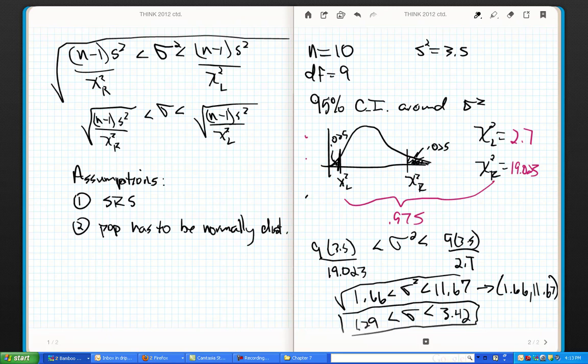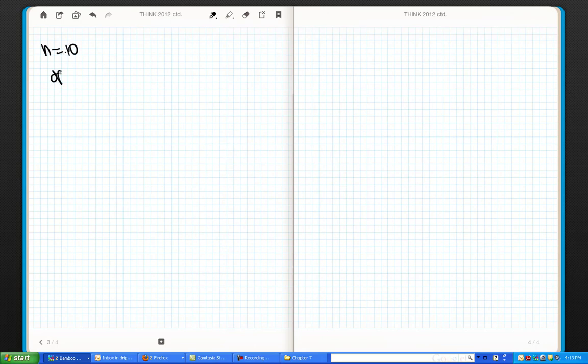Now, what happens if I want to be more confident? What happens if I want to be 99% confident? All right, let's go through that just real quick. So we got the same thing. n equals 10, df equals 9. I want to be 99% confident. Just humor me for a sec.